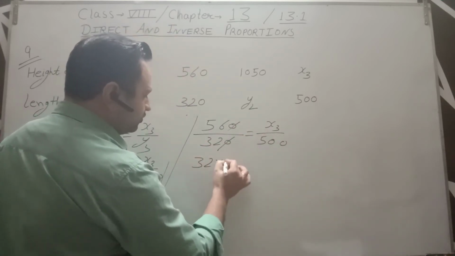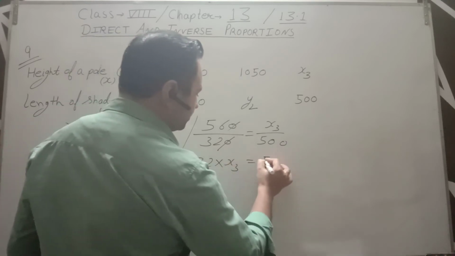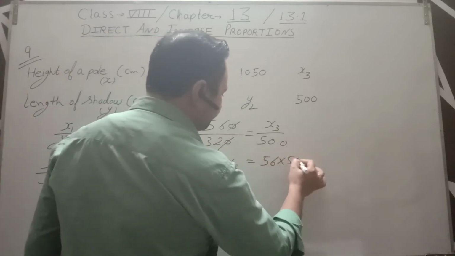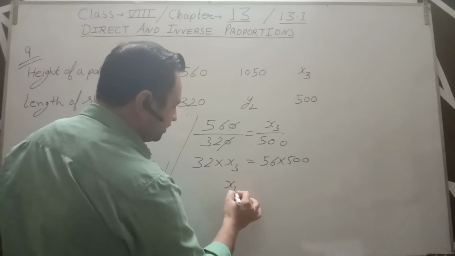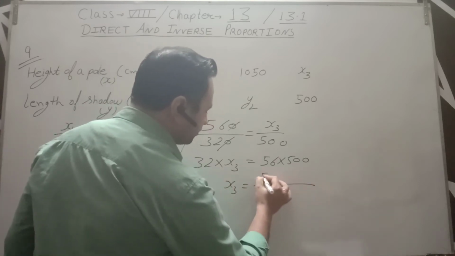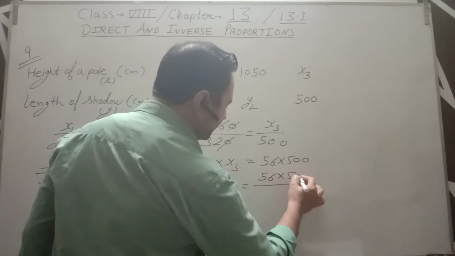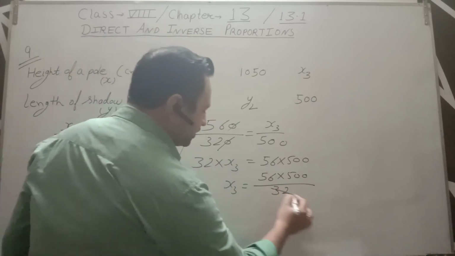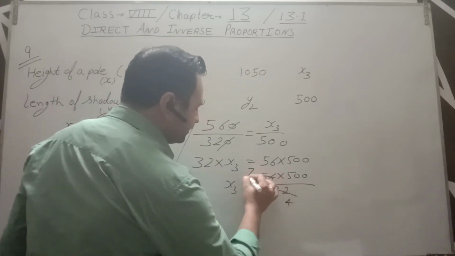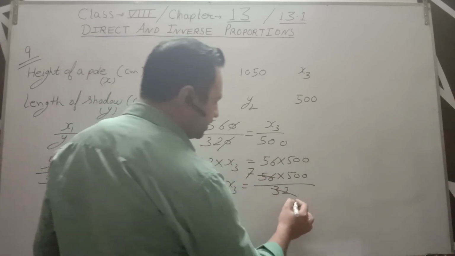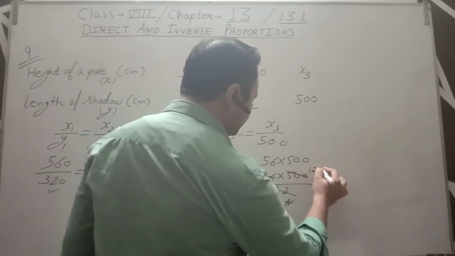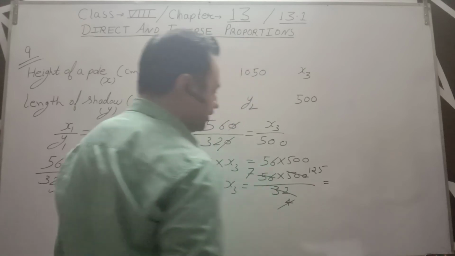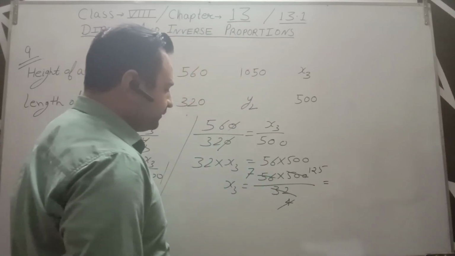So 32 multiply x3 is equal to 56 multiply 500. So the value of x3 is equal to 56 multiply 500 upon 32. 8 fours are 32, 8 sevens are 56, and it is 125. And now we have to multiply.